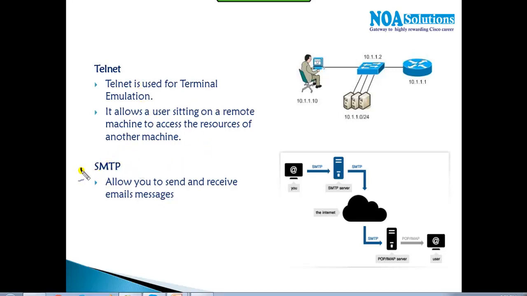Now there is something called the SMTP protocol, simple mail transfer protocol. This protocol is majorly responsible for sending and receiving mails. Like when I'm sitting here accessing Gmail, the request will go to the Gmail server, and the Gmail server replies back.